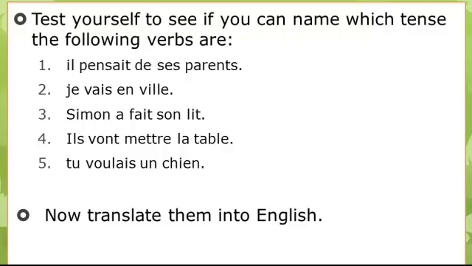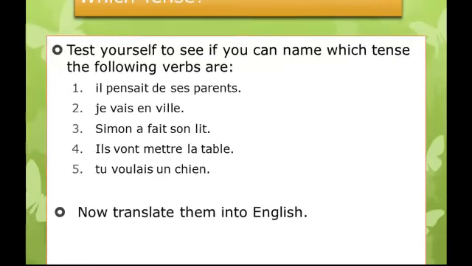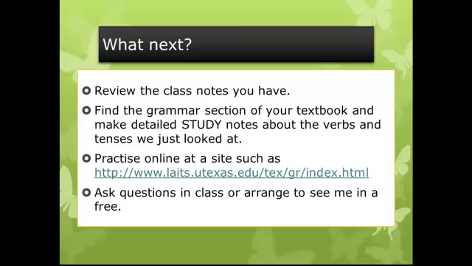They are going to set the table. And finally, number 5, voulais, wanted or used to want. You wanted or you used to want a dog, and you can see with that particular one, even though I've used the imperfect tense, it actually sounds better to say wanted in English. So there's a little bit of a grey area there, but you need to look into the context of that one.